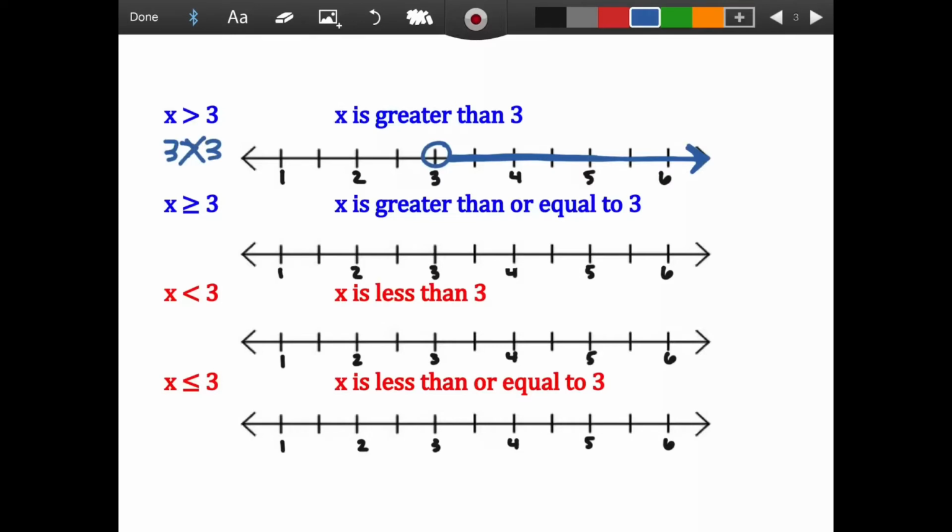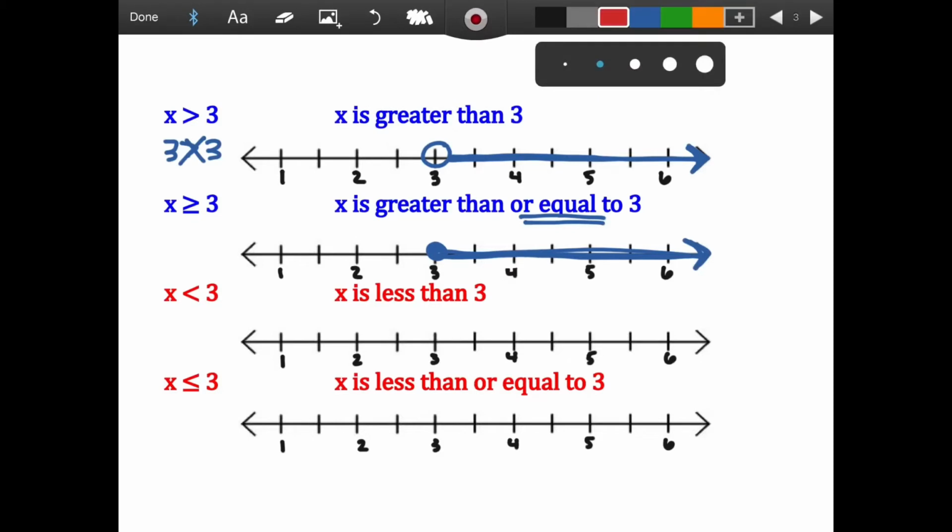For x is greater than or equal to 3, now that we see "or equal to," that means 3 is included in our solution, so we're going to have a closed circle at 3 on our number line, and we're still shading everything to the right all the way to positive infinity for this solution set.